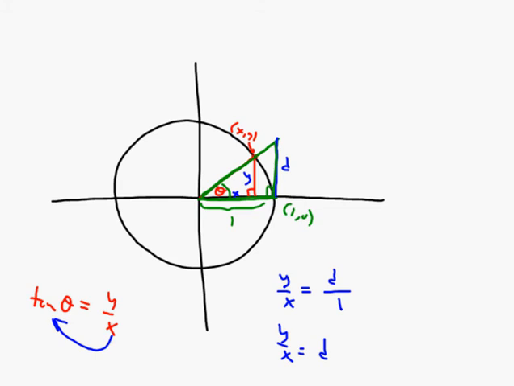So that means d is tangent theta. So that's the reason why. You may have missed it, but look, what I'm saying is the length of this tangent line is exactly equal to the trig ratio, the tangent theta. And that's why it's called tangent.